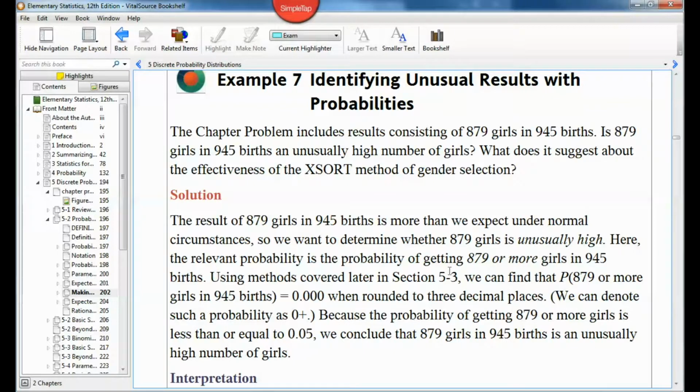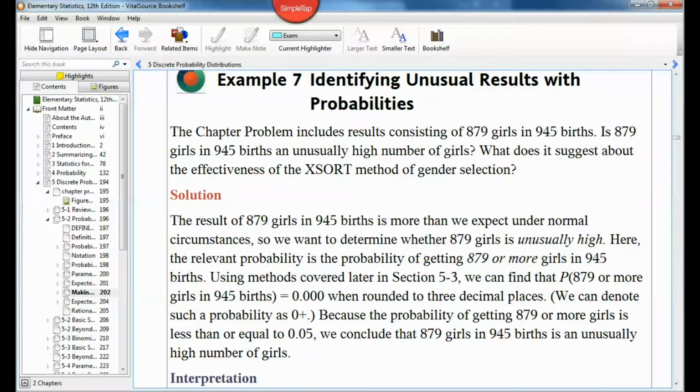Here it says that when we do get to 5.3, we can find the probability and get something that is 0.000, but it's just because they don't carry it out far enough. Usually a probability like that will be written like this, 0 plus.